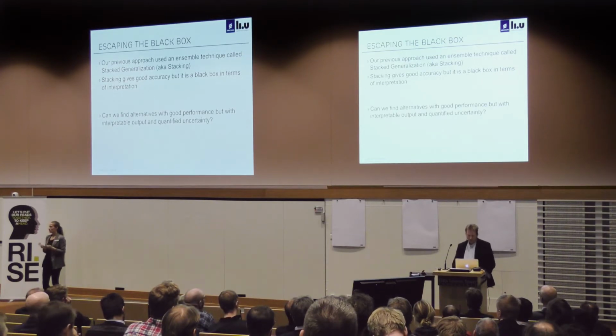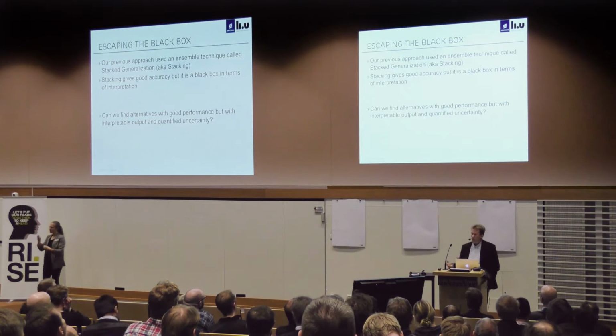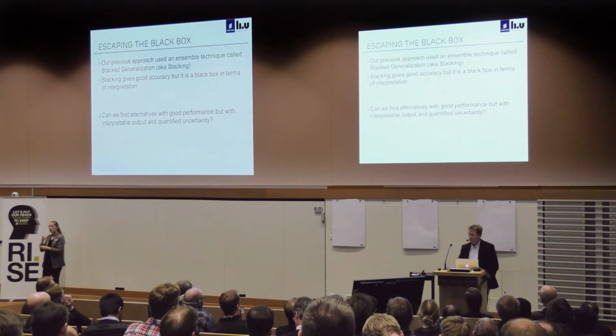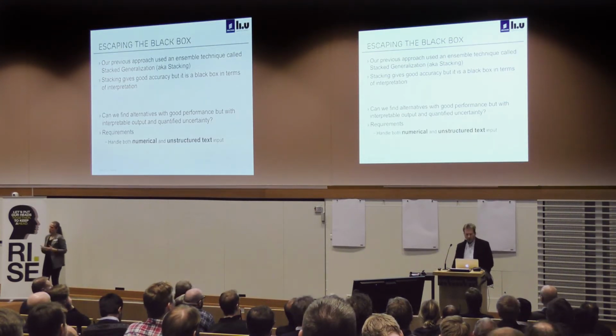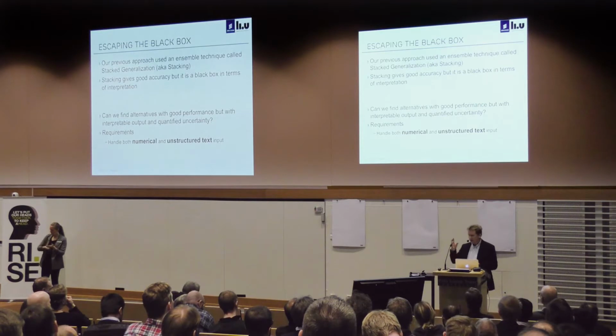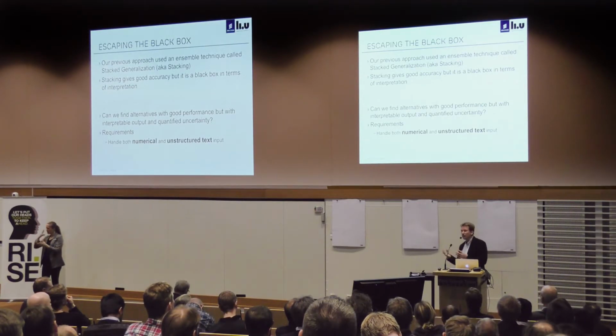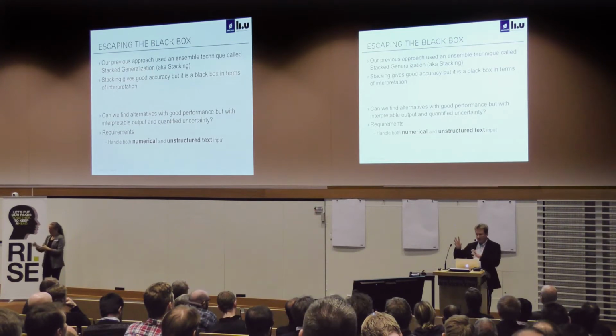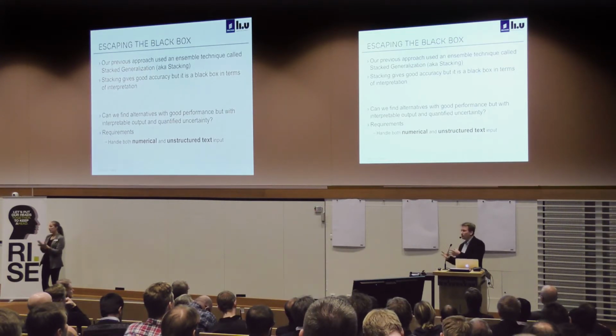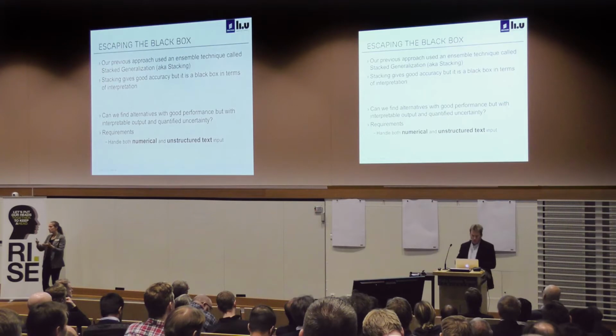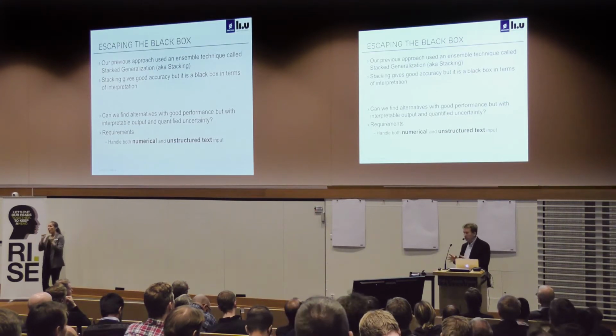So can we find alternatives then with good performance but an interpretable output that we can understand what the machine is doing? And there are requirements because this model needs to handle both numerical data and nominal data like classes, and this unstructured text, because in the bug reports there is a section observation text which the customer has kind of observed the problem and described it in prose.